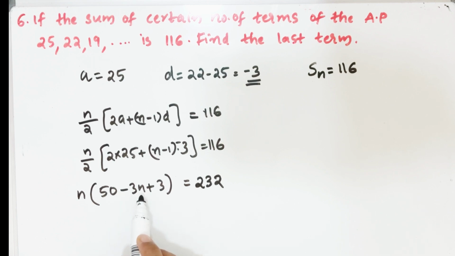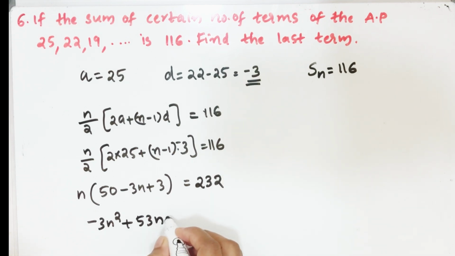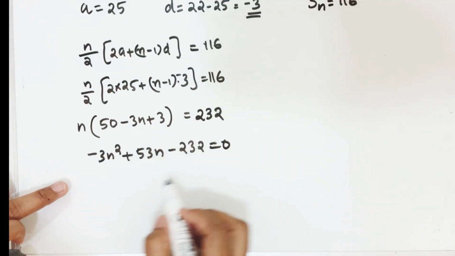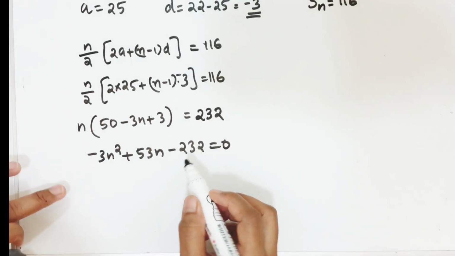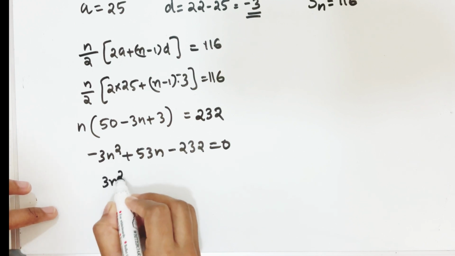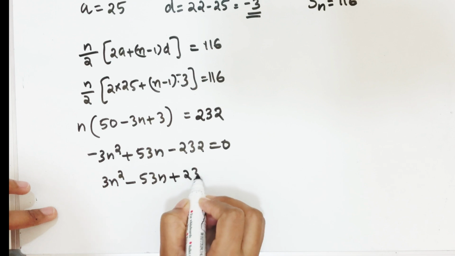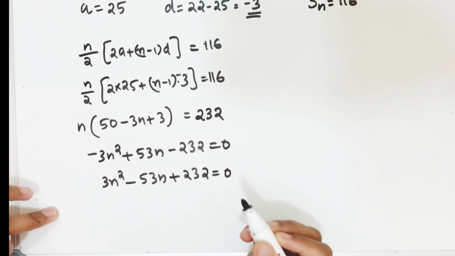So n into 53 minus 3n, we can write as minus 3n square plus 53n minus 232 is equal to 0. Or we can multiply throughout by minus 1. Then it becomes 3n square minus 53n plus 232 is equal to 0.